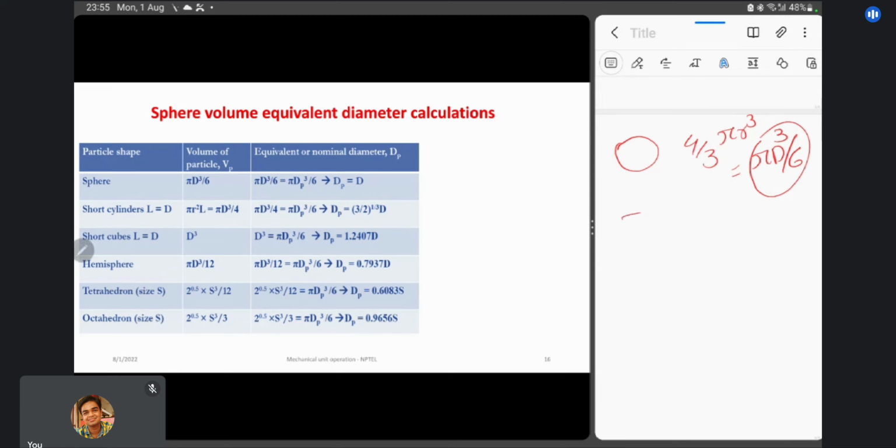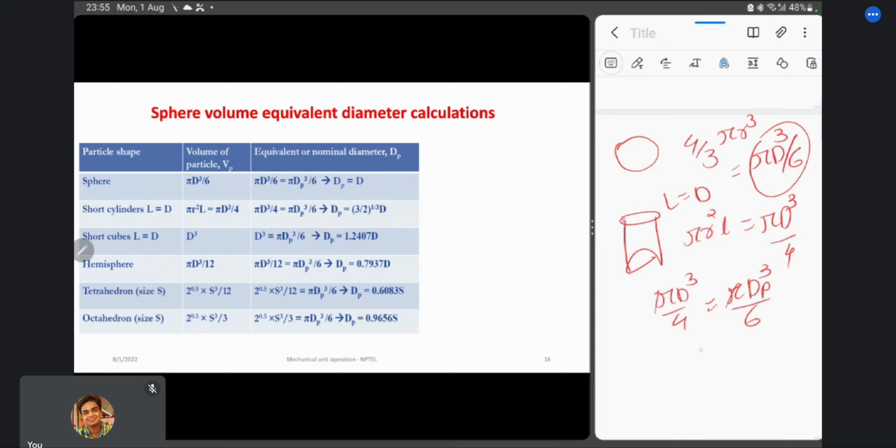Same if we talk about cylinders. If we consider the cylinder with L equal to D, we know that the volume is pi r square L, and with L equal to D and r equal to D by 2, it becomes pi d cube by 4. Now if we want to calculate the sphere volume equivalent diameter for this, pi d cube by 4 equals pi dp cube by 6.